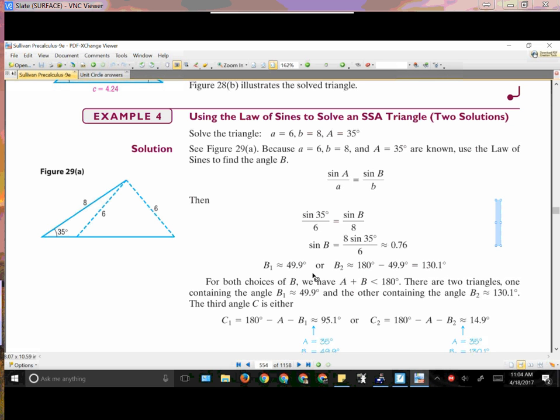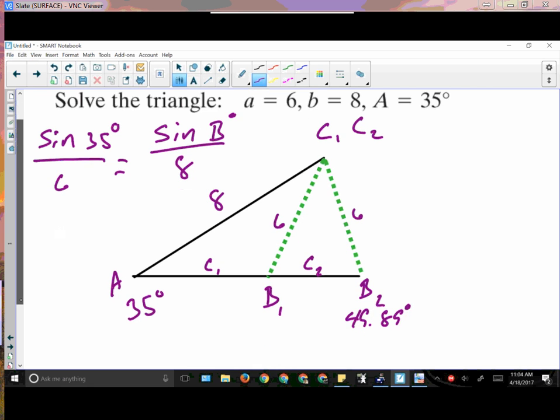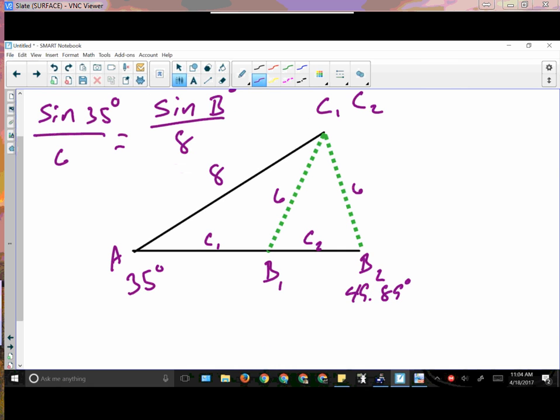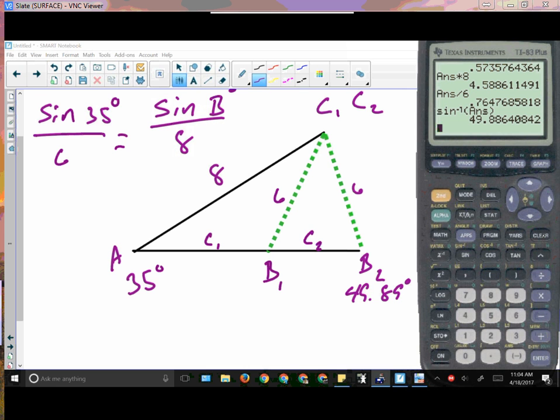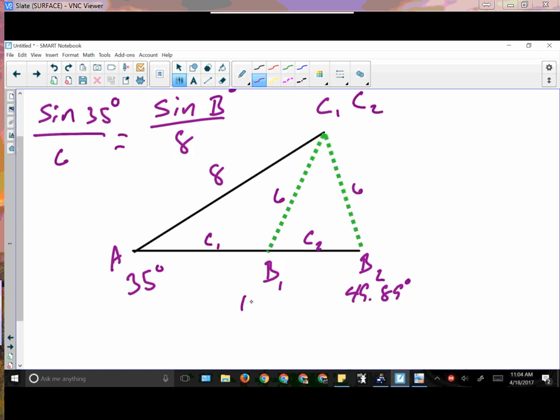So 49.89, 180 minus that. That means the other possible value for B would be 180 degrees minus our 49.89. That gives us the other possibility of 130.11 degrees.